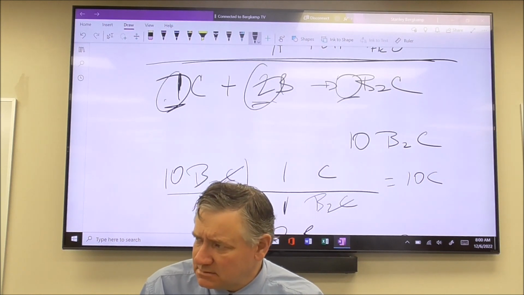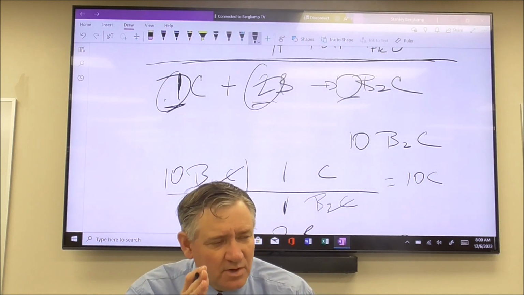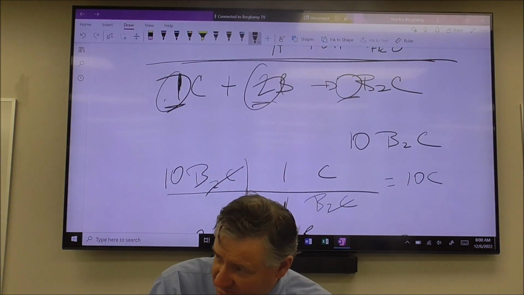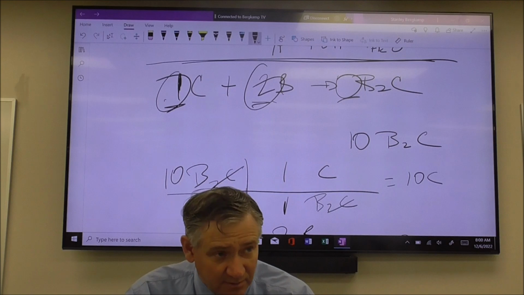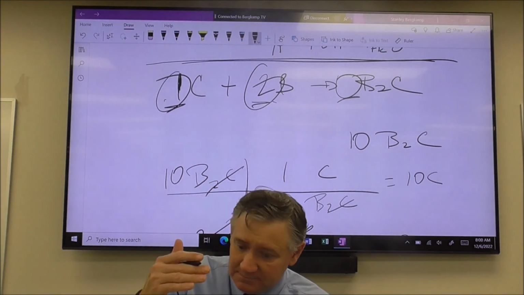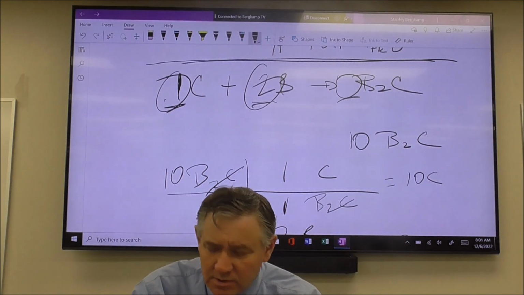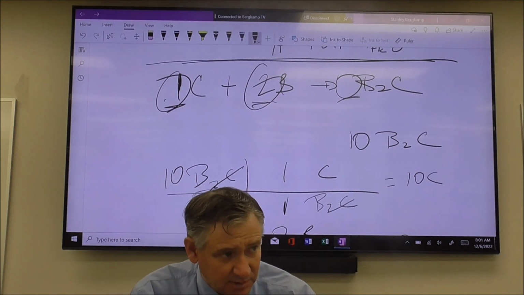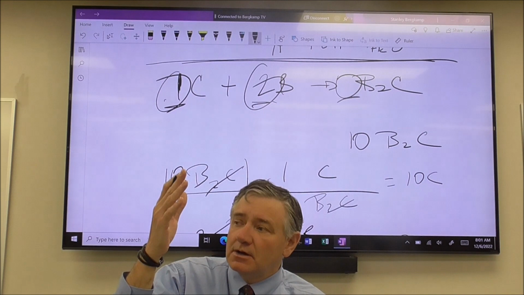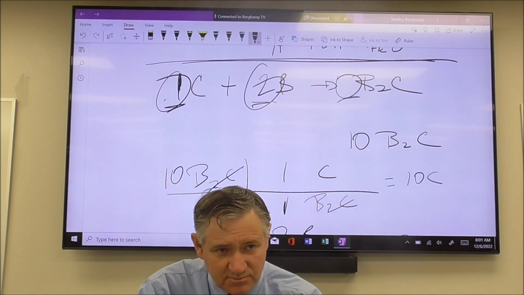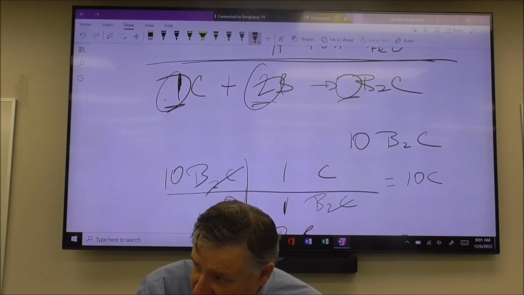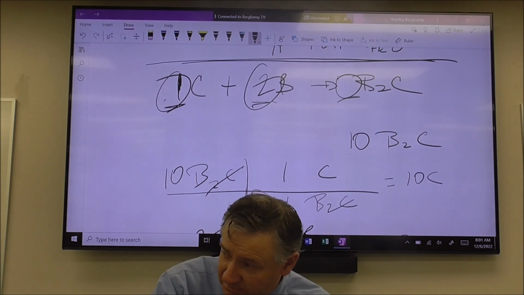So this is where mole conversions are going to play such a vital role: when you go from one reactant to another and you're doing a conversion, you cannot work as a ratio of mass. You can work as a ratio of moles, but you cannot work as a ratio of mass.